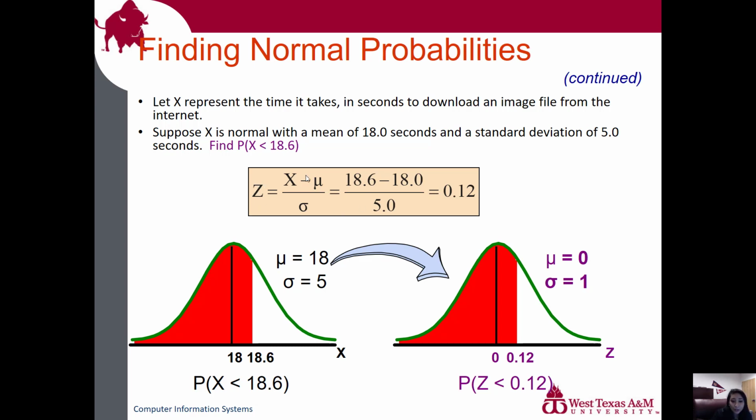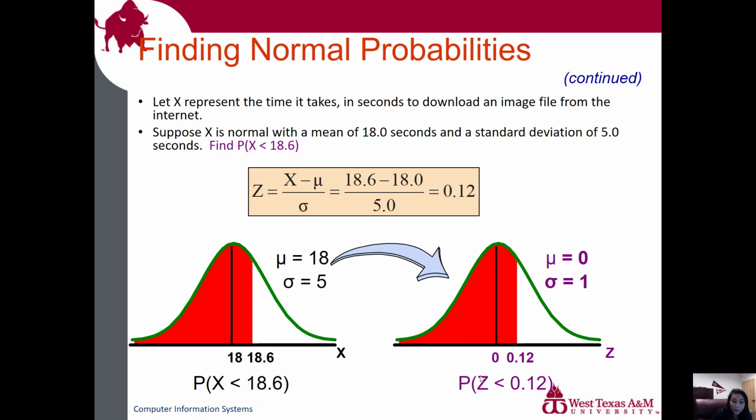So we would use this formula, z is equal to x minus the mean over the standard deviation. There we have 18.6, that's what we're interested in, minus the mean of 18 divided by 5, which is our standard deviation, and we get 0.12. So here we just transformed these units into a z distribution where our mean is 0 and our standard deviation is 1.